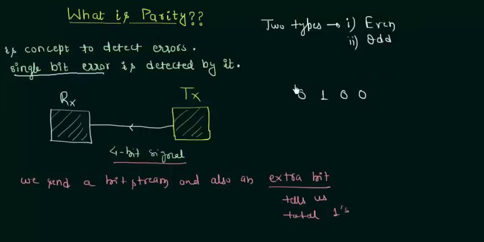This is our original transmitted signal, and there is an extra bit that will tell us about the total number of ones, and we call it the parity bit. Here we have the parity bit.